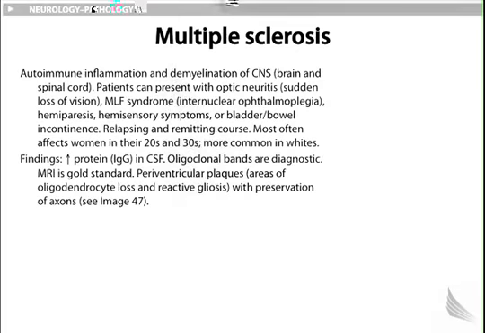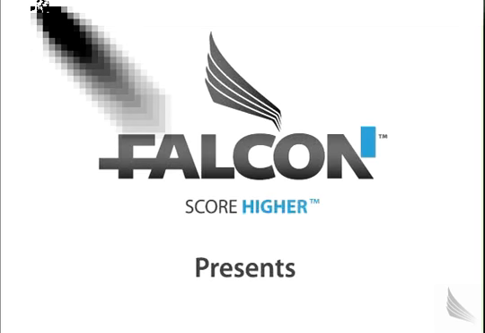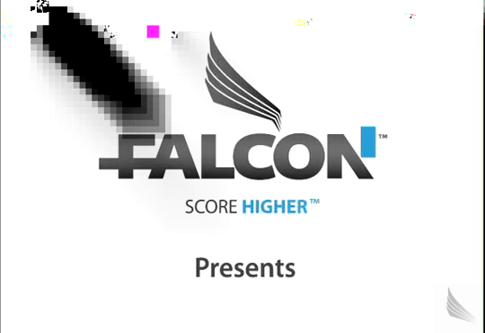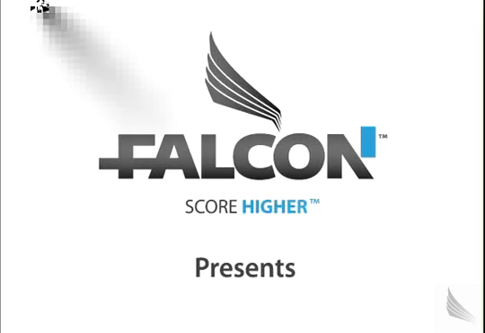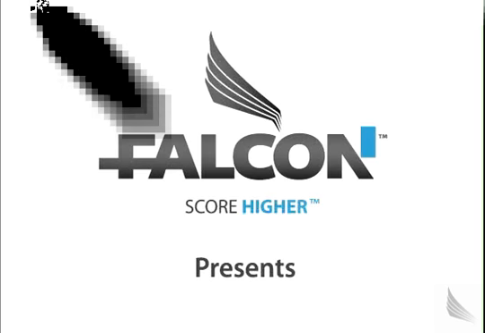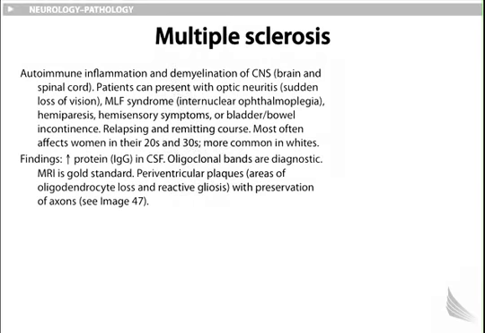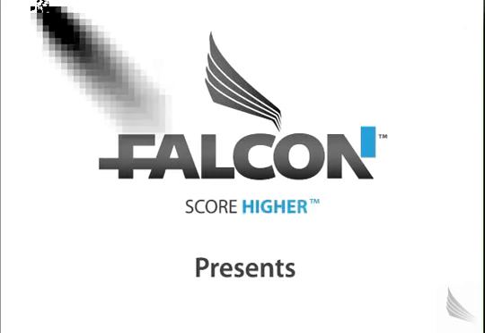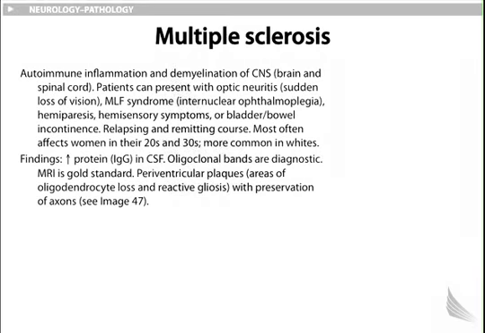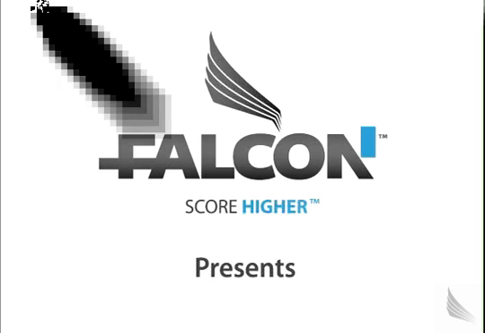Laboratory findings are an increase in protein, primarily IgG production, in the CSF. Oligoclonal bands are diagnostic. MRI is frequently used and is becoming the gold standard for diagnosis. Some of the hallmark imaging findings are periventricular plaques, which are areas of oligodendrocyte loss and reactive gliosis, with the preservation of axons.